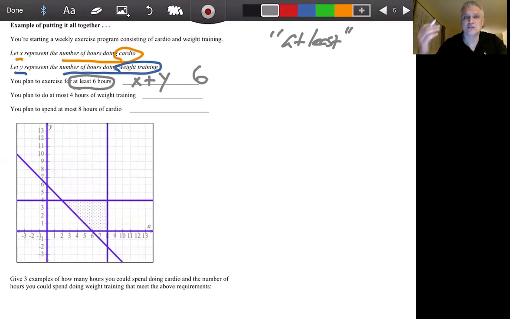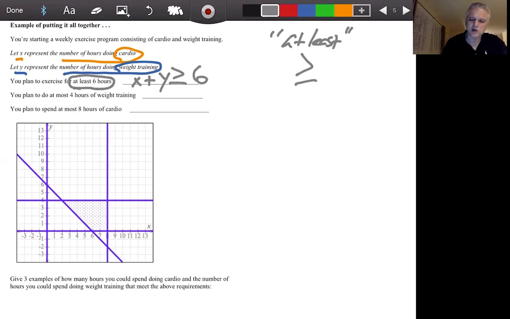Does that mean it could be greater than or less than? If I say I'm going to pay at least $100, could I pay 80? Well, no, that's not at least. Could I pay 100 on the dot? Yes. So at least can be written as greater than or equal to. So x plus y is greater than or equal to 6.